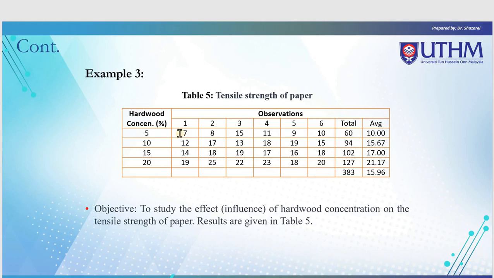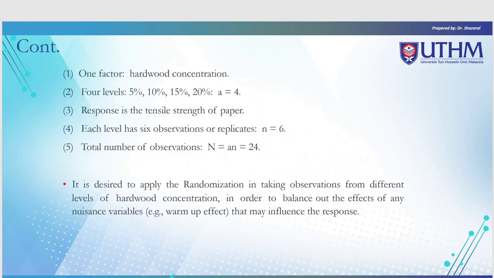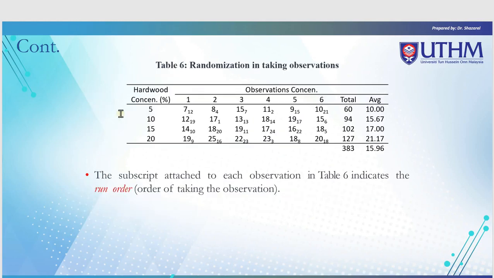We do not finish all the 6 observations for the first level, then move to the second one, the third one and the last percentage. Now we want to randomize the level of the percentage. That is what we call randomization in taking observations.